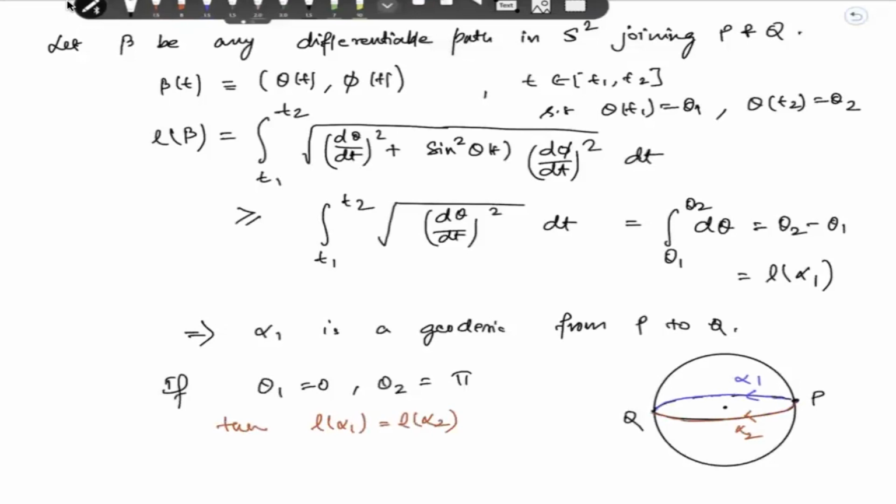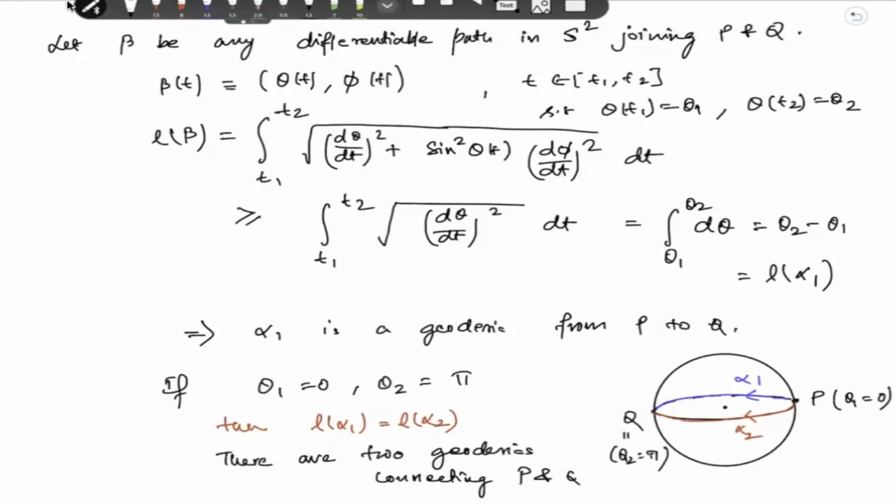So there are two geodesics connecting P and Q. So for P, theta 1 is equal to 0 and for Q, theta 2 is equal to pi.